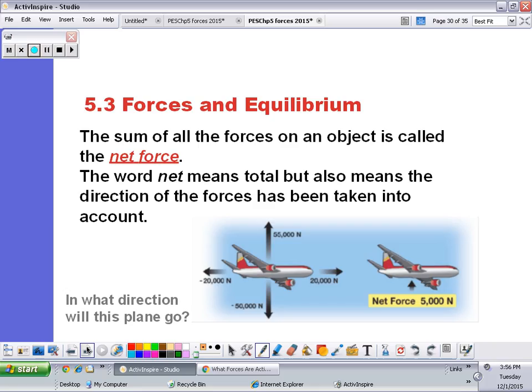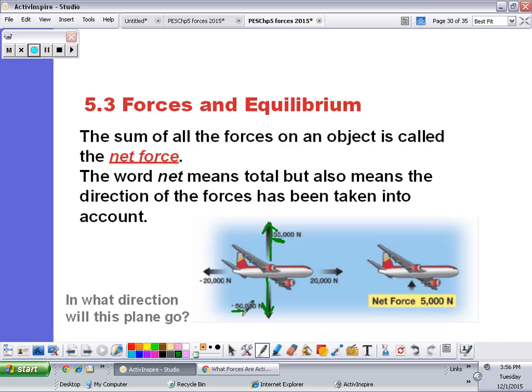So here you can look at this plane, and we have the normal force or upward force of 55,000 newtons going up. And then we have a negative 55,000 newtons going down. So we know that they equal out because, or actually, this is 55 and this is 50.